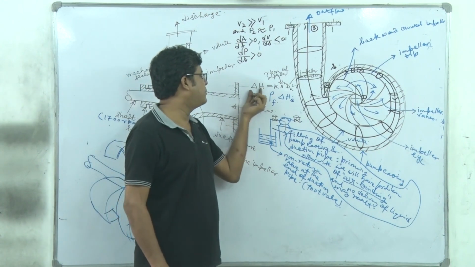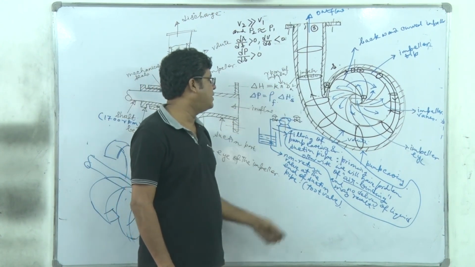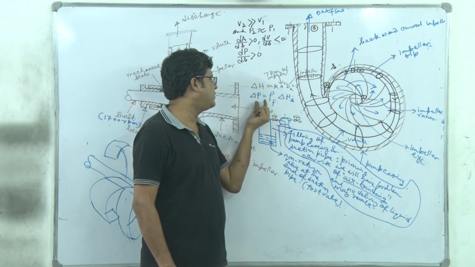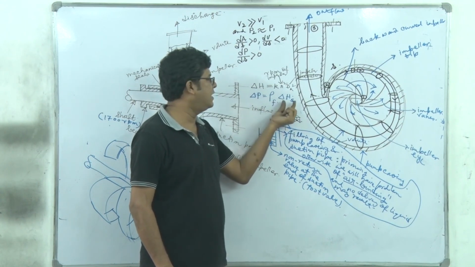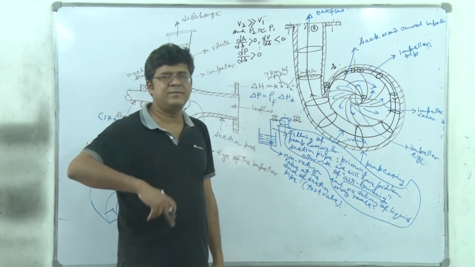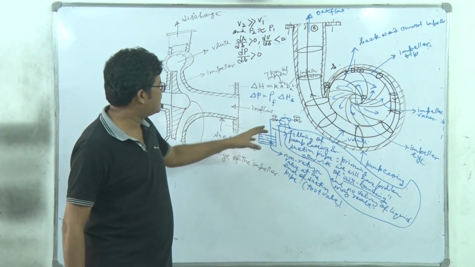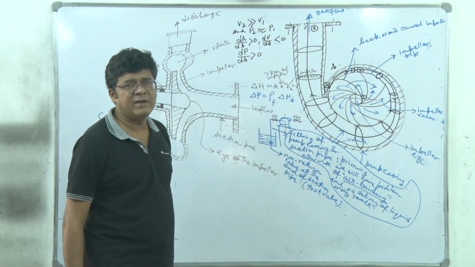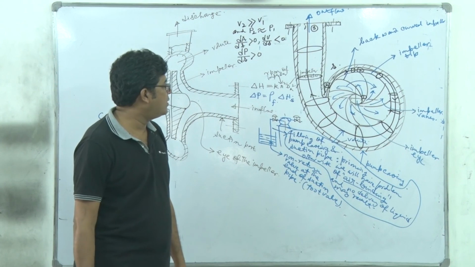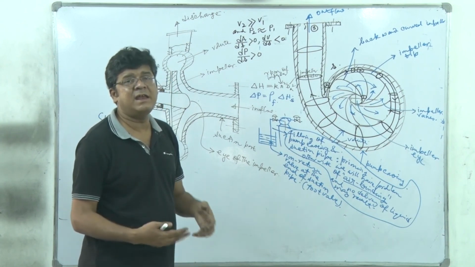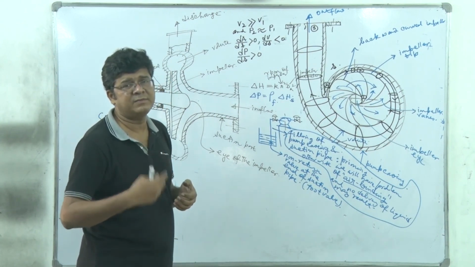Why? Because the pump head is independent of the fluid property, and the developed pressure is simply the density times this head dedicated for this suction lift. So as a consequence, if I have air locked in, we may not have any delivery of liquid at this pump outlet.